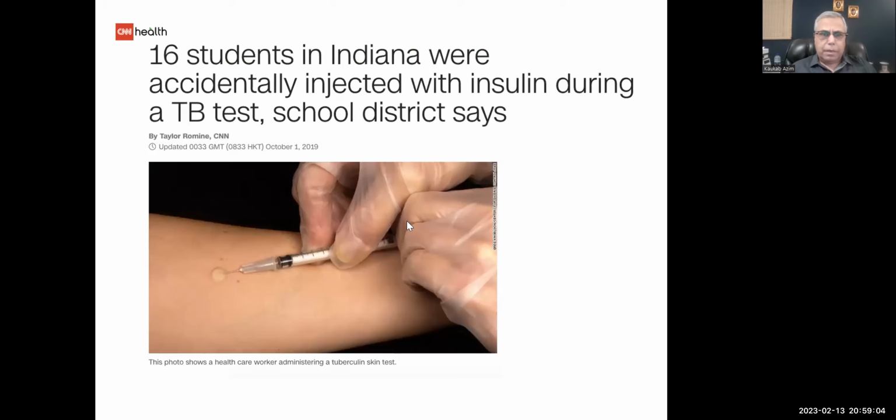So again, this is just to show you that 16 students in Indiana, in the USA, were accidentally injected with insulin because they are using an insulin needle. It has a very small 27 gauge syringe, so it's good for intradermal injection, although insulin is given subcutaneously. So this could happen.